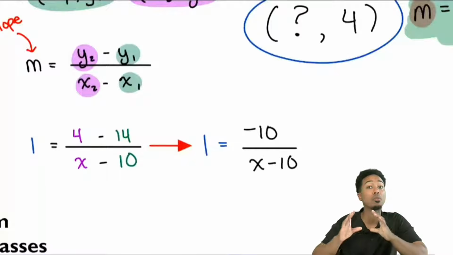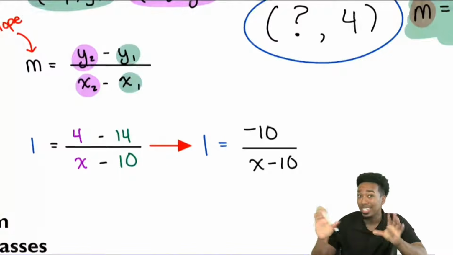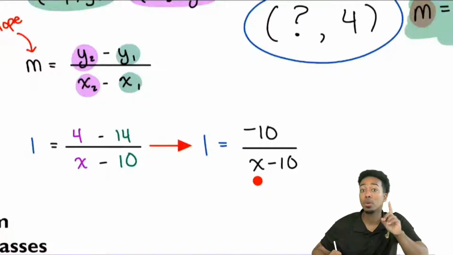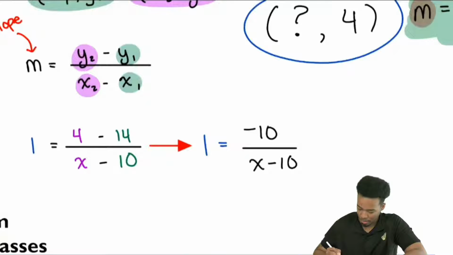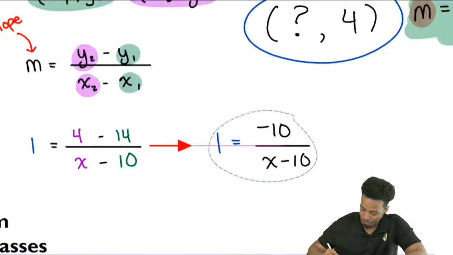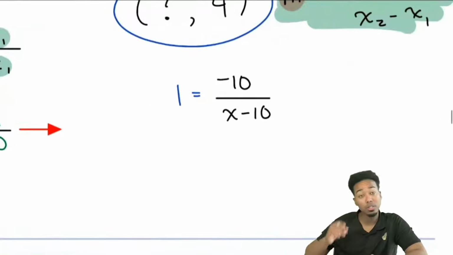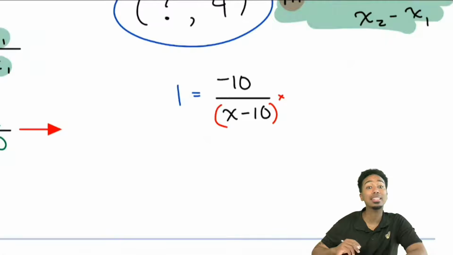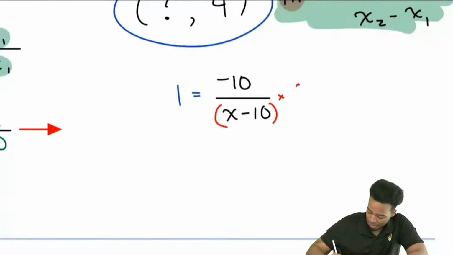The other way that's a lot more direct and will work for any number that you see there is this. I want to get x by itself, but it's in the denominator. What I'm first going to do is this. Allow me to move this over here. And what I'm going to do, my party people, is I'm going to get this x minus 10 out of the denominator by multiplying the entire side here by x minus 10.